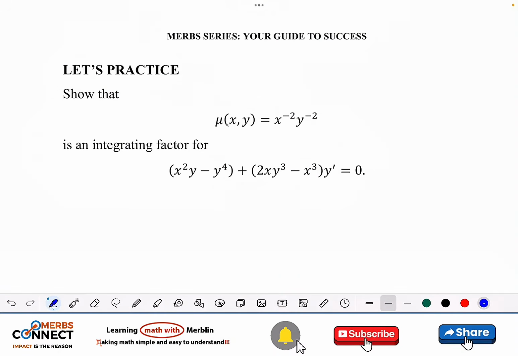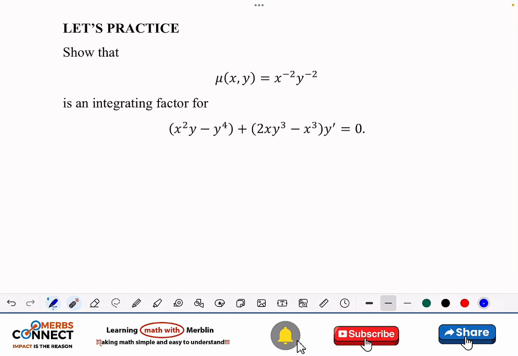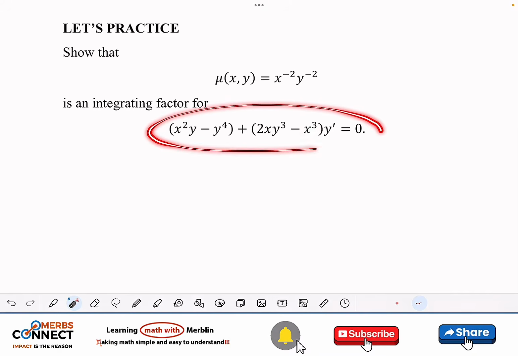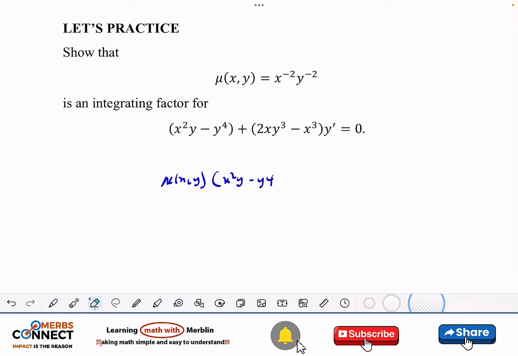So let's do that and see if it is true. So what we need to do now is multiply this equation by that. So we are going to have mu x y, x squared y minus y to the power 4, or let me just simplify this one first.